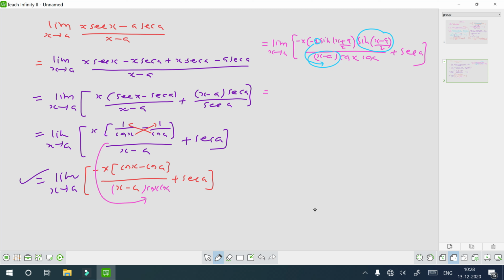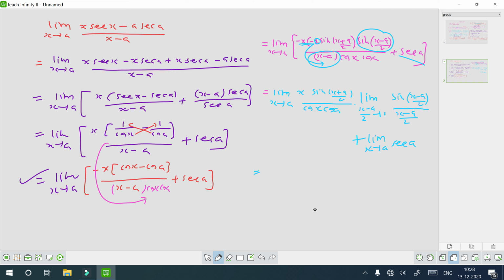So the remaining terms are limit x tends to a of x sin (x plus a)/2 over cos x into cos a, into limit (x minus a)/2 tends to 0 of sin (x minus a)/2 over (x minus a)/2, plus limit of the last term, limit x tends to a of sec a.